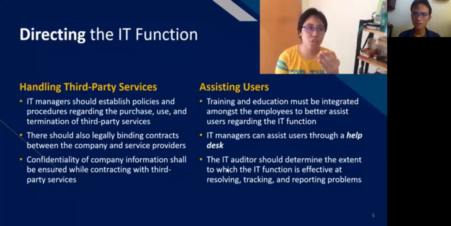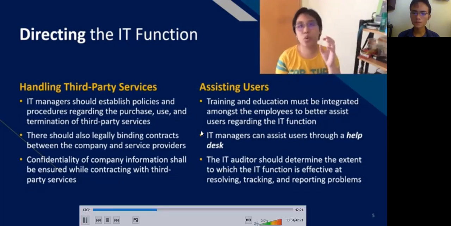Of course, you can't just suddenly close off a concern and shrug it off, because once you do that, your users might not go back to your business or your company and not utilize you anymore. If you don't answer them, it would render useless, and they would think that the IT function you have set up is pointless, since you don't provide them with any resolution to their concerns.